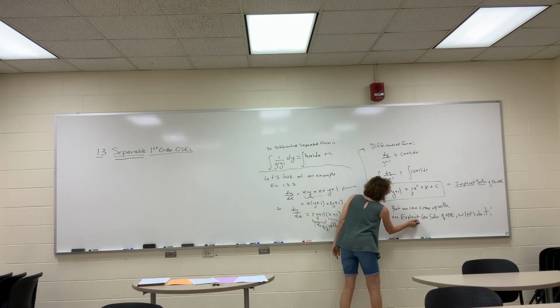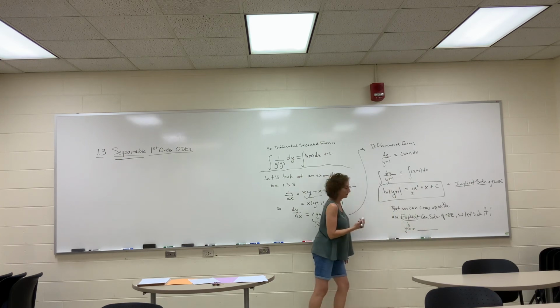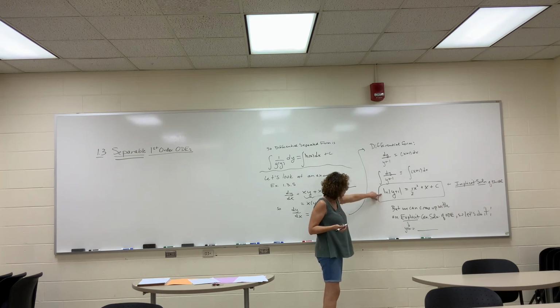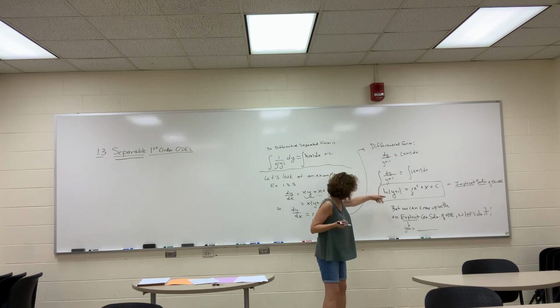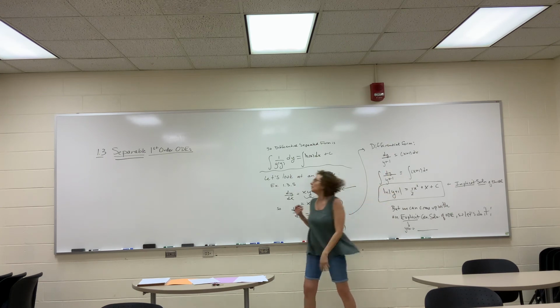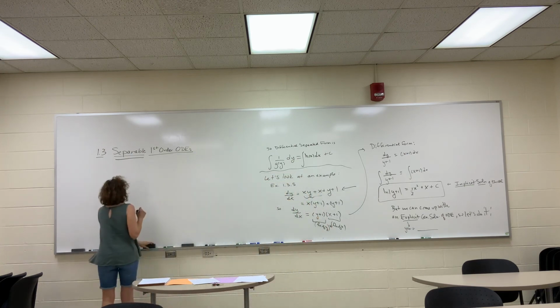What does explicit mean? It means y as a function of x is equal to stuff that only depends on x, right? Stuff that only depends on x, yeah? So what do we need to do? Good, I heard it there. We got to exponentiate both sides, right? We got to get y out of inside the natural log, yeah? Okay, so we got to take the exponential of both sides.